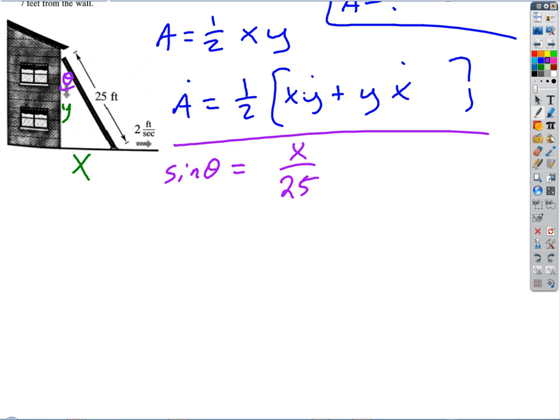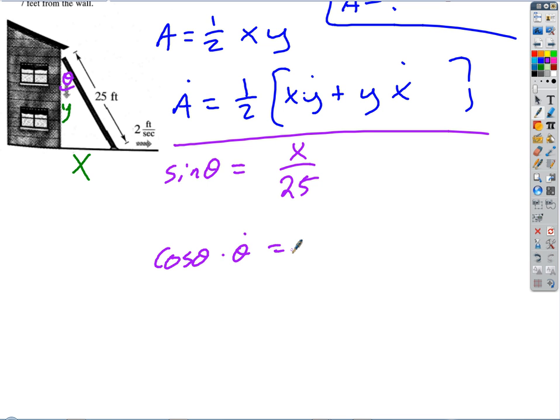If we differentiate this implicitly with respect to t, what do I get on the left side? Cosine theta times theta dot, because I have to use the chain rule. The derivative of sine is cosine. Theta dot is what we're looking for. It equals the derivative of x over 25. Do I need the quotient rule?